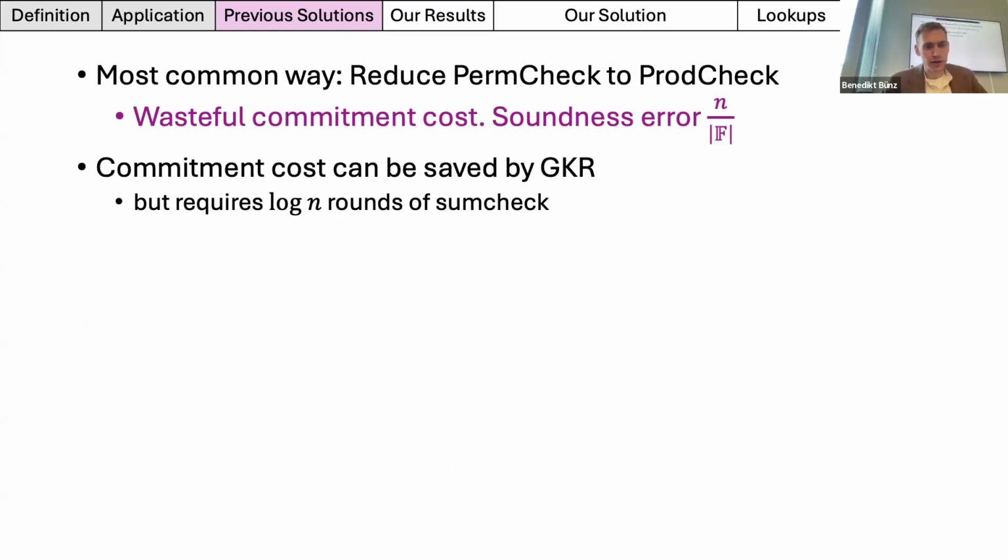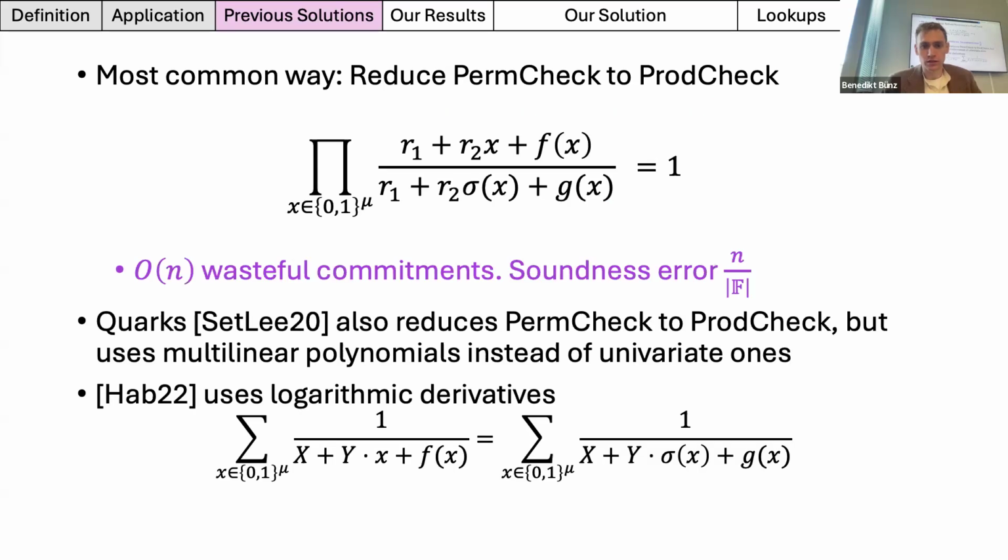Another variant is to... So is this like only when the field size is smaller than the secret? Which part? So you have this n.